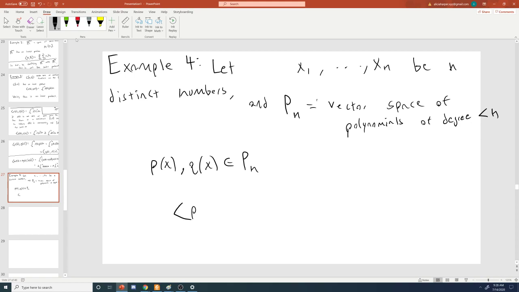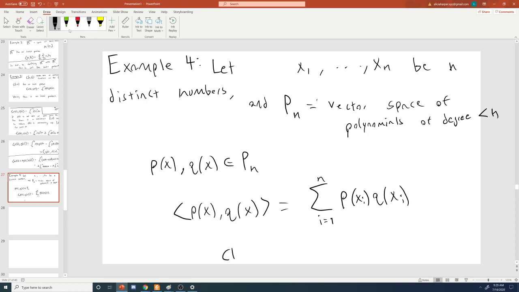And the way this inner product is defined is that it's defined to be the sum of the products from i equals 1 to n of p of xi times q of xi. And so the claim, which I will not verify, is that this assignment is an inner product.